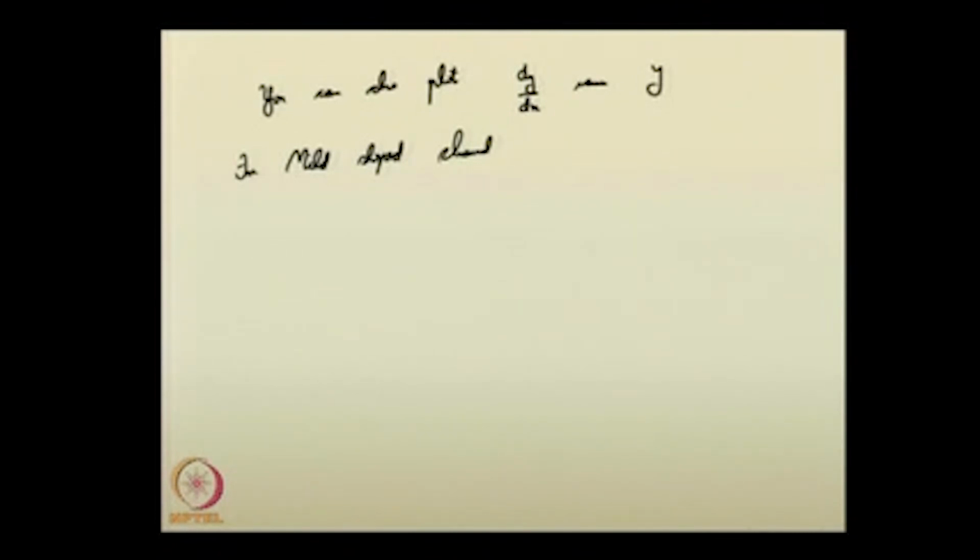This is referred from Srivastava's book on open channel hydraulics. Say if I plot dy by dx with respect to depth, with this as the origin, 0 depth and 0 dy by dx, then this is the depth of flow. Let us suggest this as the critical depth, and let us suggest this as the normal depth.